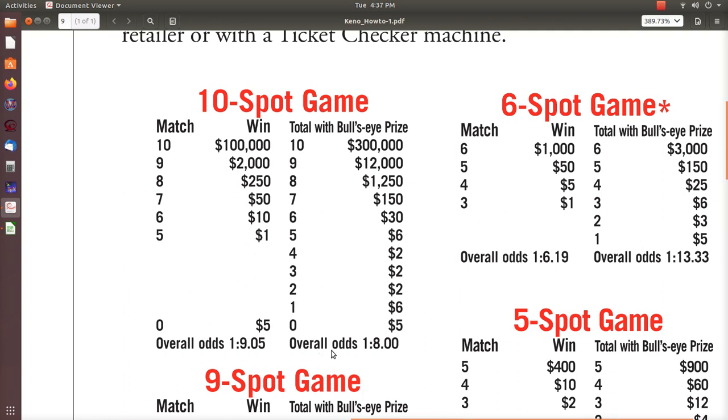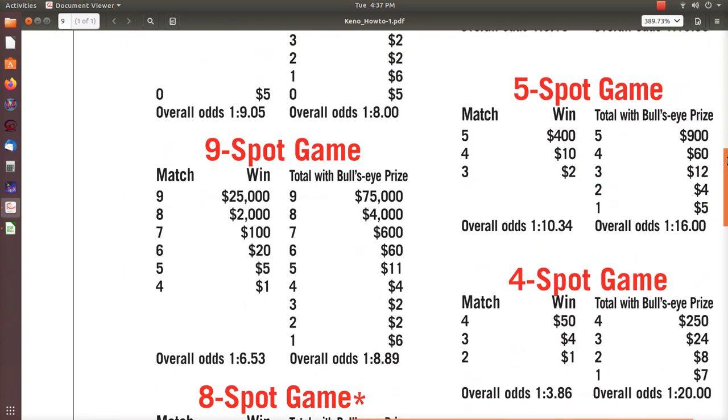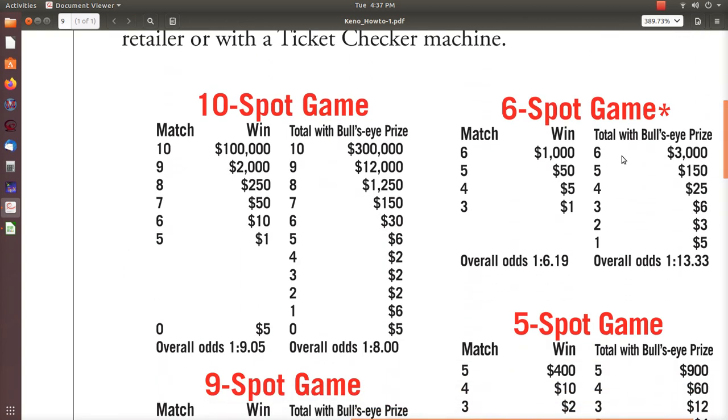And then here it says the overall odds are 1 in 8, so I'm assuming they want that to represent the overall odds of winning Keno Bullseye. And of course they have that for every spot game you want to play, but we're going to focus on the 10 spot game. And these numbers, every one of them in every spot game, is not correct.